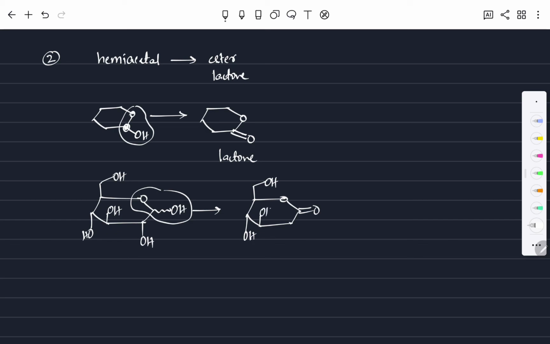Only this portion is oxidized to lactone. So bromine water can oxidize aldoses to aldonic acid and cyclic hemiacetal to lactone. So these are important reactions for bromine water.